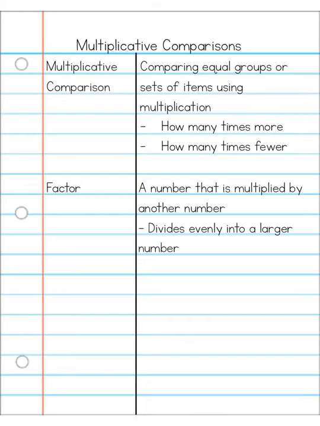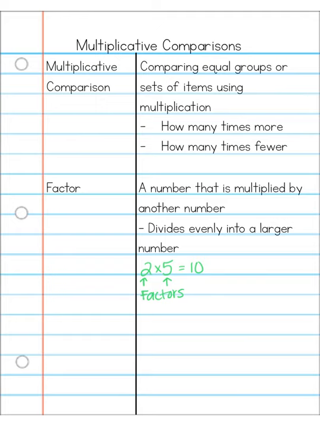The next word is factor. A factor is a number that is multiplied by another number, and this number also divides evenly into a larger number. So let's look at an example. If I do 2 times 5 equals 10, both 2 and 5 are factors.